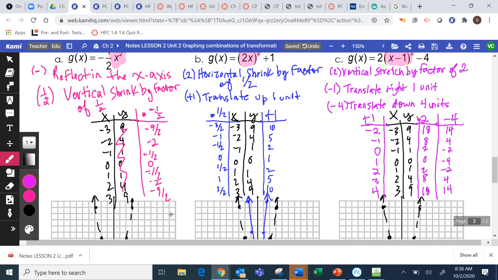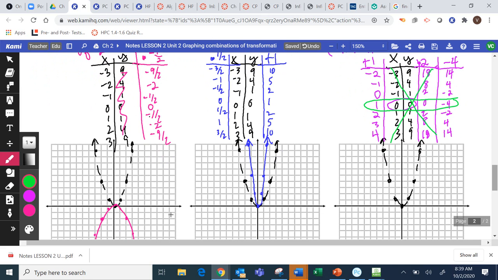Now, wherever the original vertex is, those points that line up, those are still going to be the vertex. It's totally in a different place. Now it's at 1, -4. I will not use any of those center points. I'm just using the outside x's and the outside y's. So I'm graphing, well, -2, 14 doesn't really fit on the graph. I'm not graphing that one.